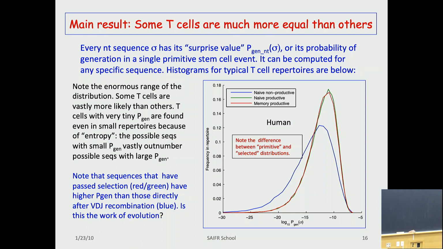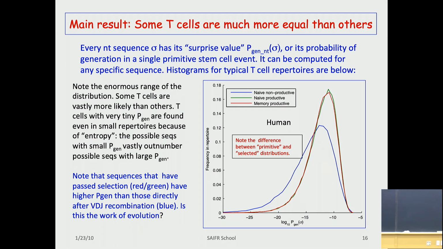The green and the red are cells that are distinguished by being naive or memory. As I said before, when you collect T cells from a blood sample, it's possible to separate them on the basis of surface markers. You can distinguish between cells that are naive, have never been activated, and cells that not only have been activated but have been passed on to the memory repertoire.